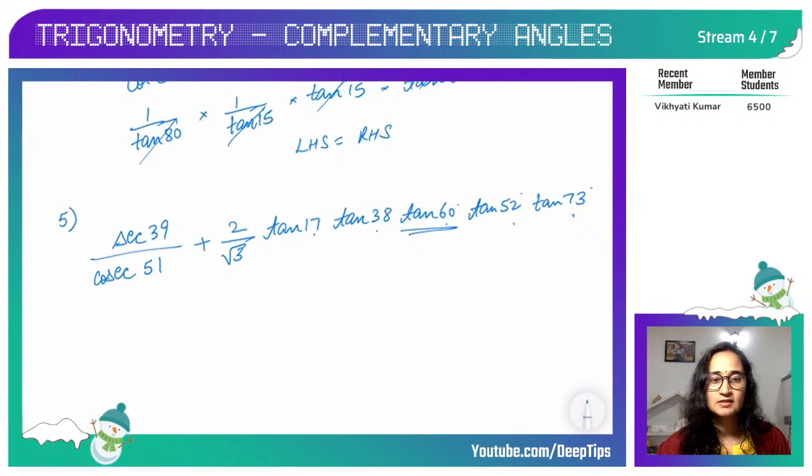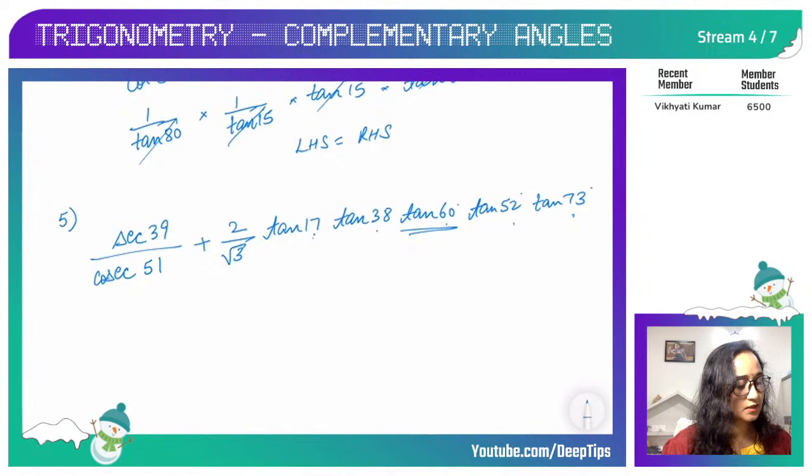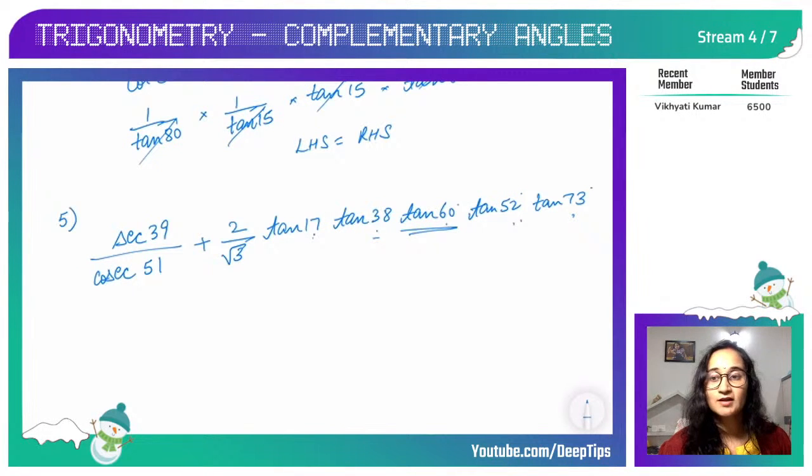I know that this is equal to root 3. So I am left with 17, 38, 52 and 73. So 17 plus 73 gives me 90 degrees. 38 plus 52 also gives me 90 degrees, right? So I know my pairs.